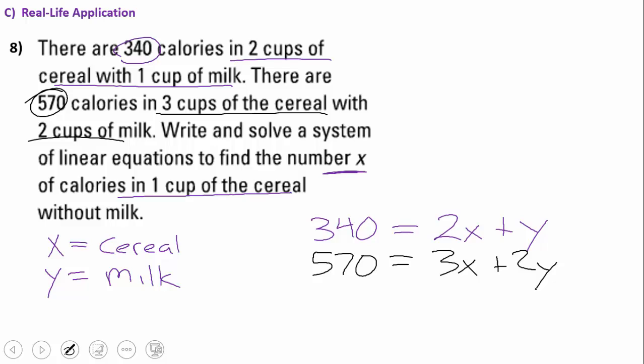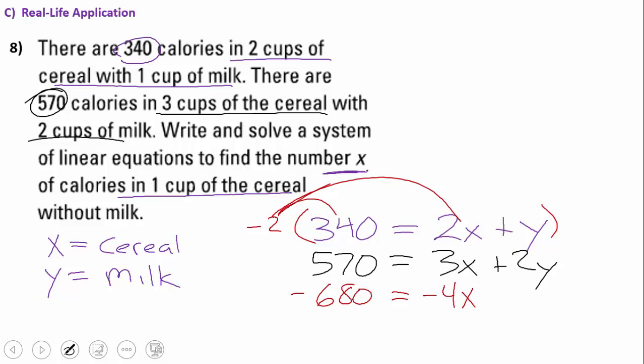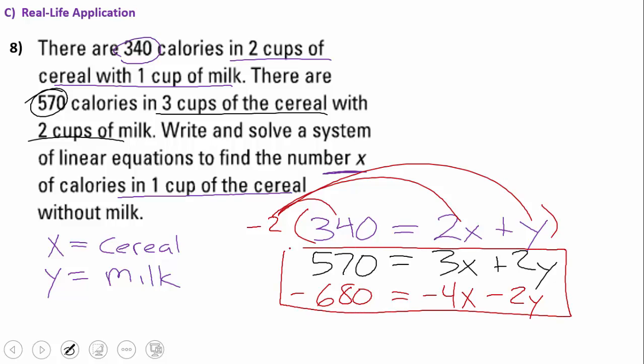Now we want to solve this system. Of course, we're going to do what we have been doing. We're going to eliminate. As I look, the easiest thing to do would be to multiply the first equation by a -2. So I'm going to go -2 times 340, which would give me a -680, equals -2 times 2x would be -4x, and -2 times y would be -2y. Now we're going to add these 2 equations.